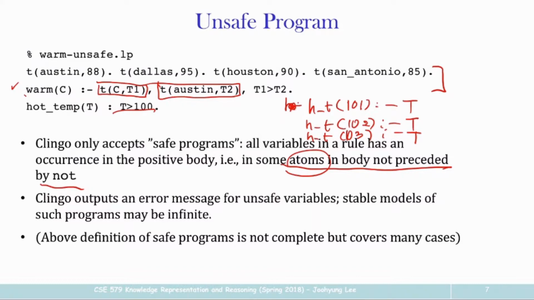The reason that this occurrence in the positive body makes sense is that when Clingo generates the propositional image, lots of those atoms will be replaced by bottom, right? And those atoms replaced by bottom can be thrown out. So even if the propositional image, by definition, is infinite, Clingo can only consider some subset of it, and that subset is actually finite.